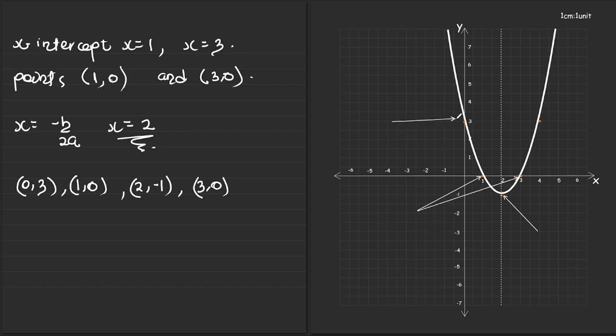And then this is our y-intercept. And then this as well is your axis of symmetry. So let me write them there nicely. So here are all the labels of what we need on this graph.